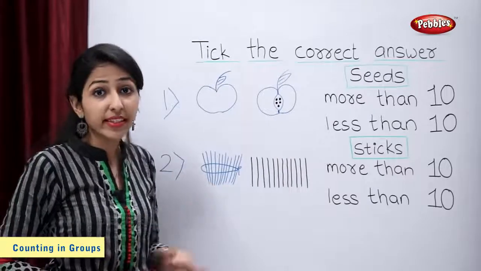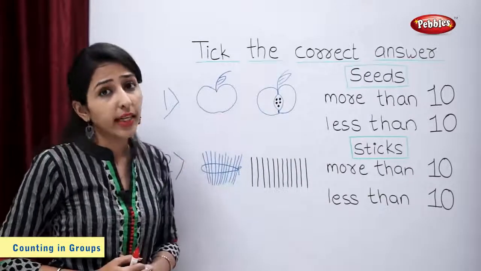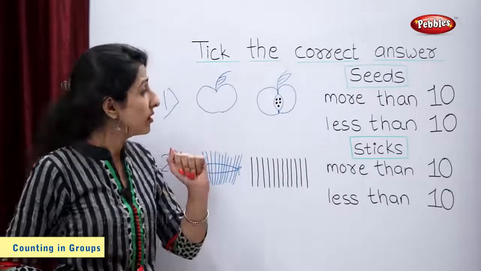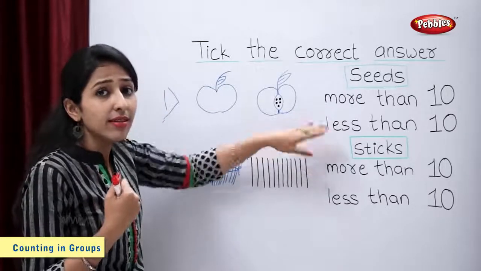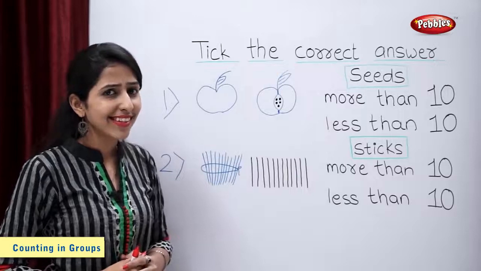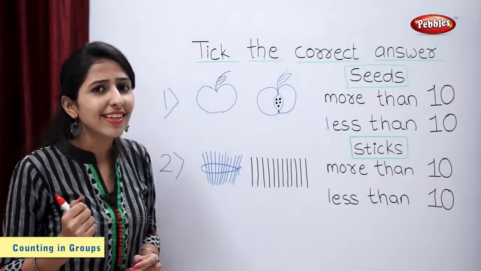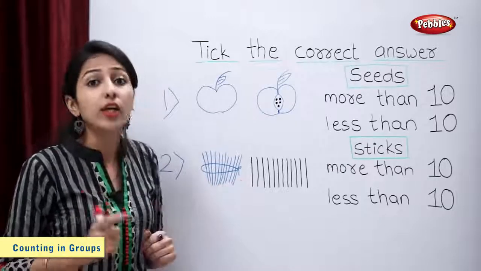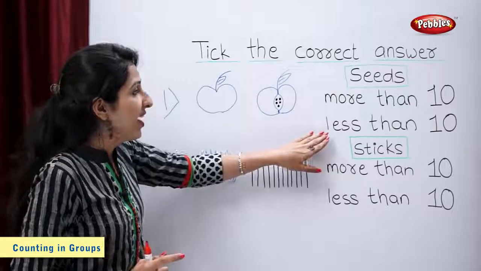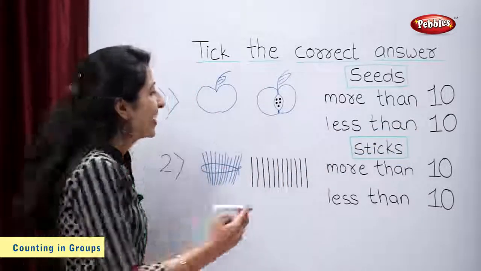So this apple has 5 seeds. Tell me, students, 5 is more than 10 or less than 10? Correct. 5 is less than 10. So this apple has less than 10 seeds.